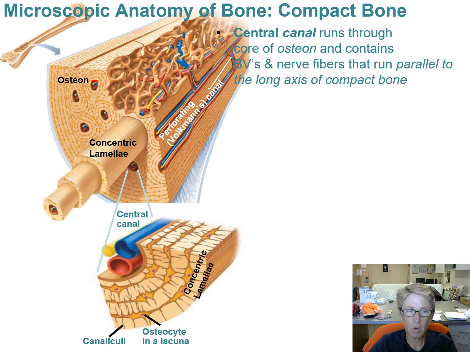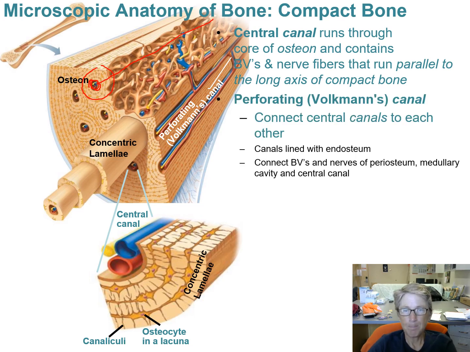So here's the central canal. We talked about that. The central canal runs through the core of the osteon. It contains blood vessels and nerves, and it runs parallel to the long axis of the compact bone. There's another canal. These early scientists that looked at the bone saw a lot of canals and plates, apparently.